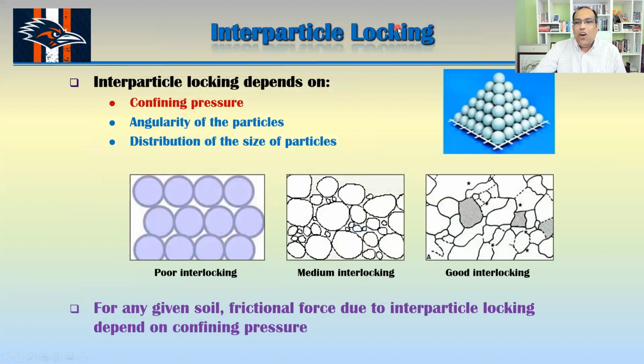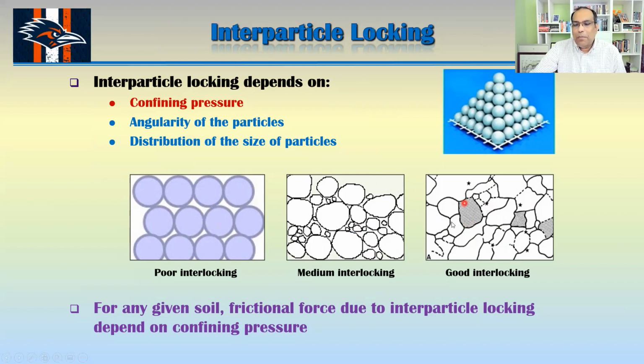Now interparticle locking. Interparticle locking depends on confining pressure again, angularity of the particles and distribution of the size of particles. We talked about confining pressure. Now important is the angularity of the particles. If they are all like spheres, then it's very easy to move around.